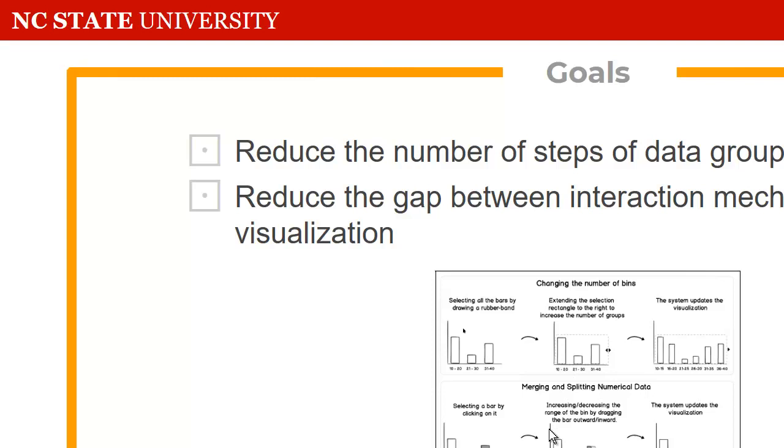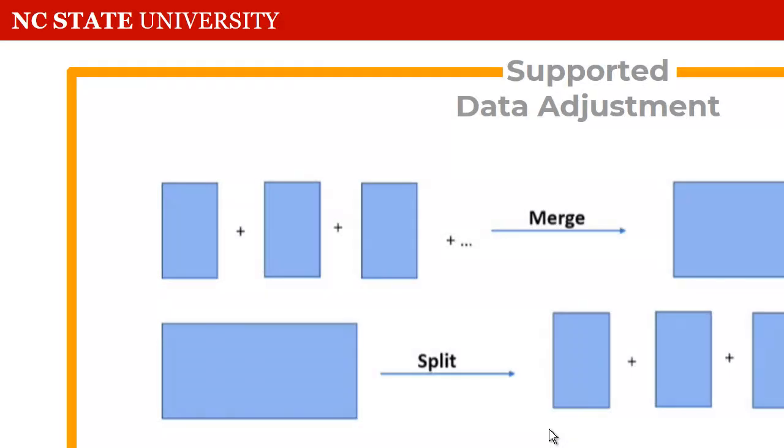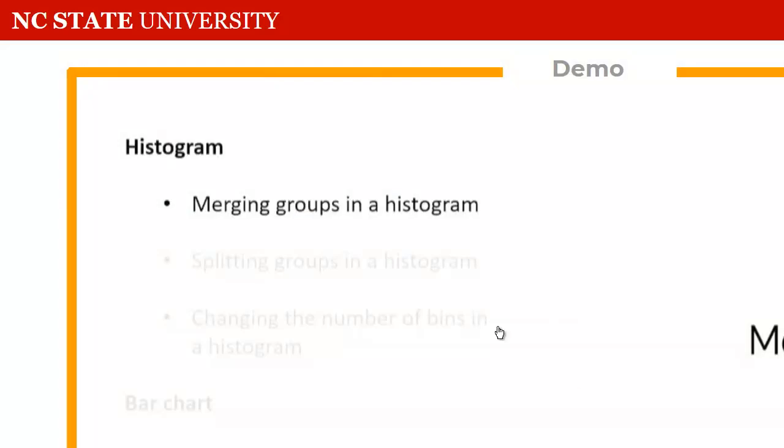So this design was chosen, and the main features that the EMS technique provides are, first, merge, which is just merging the intervals together. The second one is splitting, which is the opposite of merging, and also changing the number of intervals. So this is how EMS works.